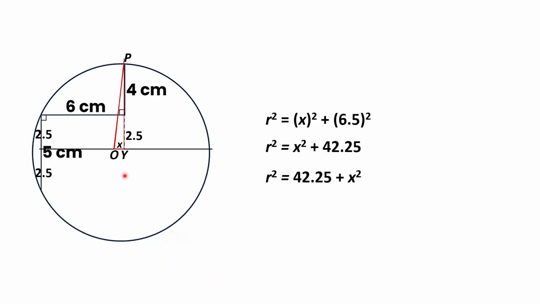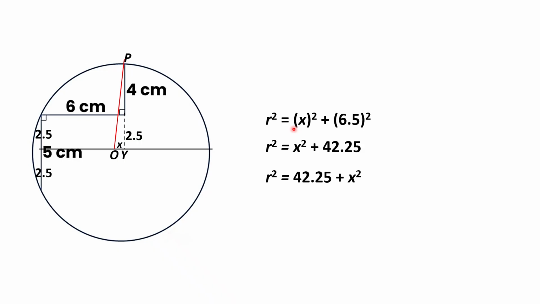Now we get another right angle triangle by joining the center O and the point P. OP is the radius and also the hypotenuse. So r square equals x square, the distance between O and Y, plus 6.5 whole square, since 4 plus 2.5, half of the chord we bisected, is 6.5. The base is OY, that is x, and the hypotenuse is the radius.